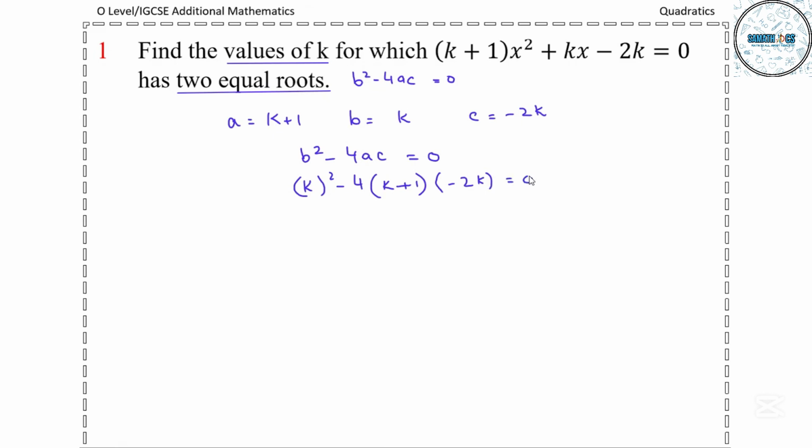is equal to 0. Now we have k square minus, we have to multiply minus 4 by k and then by minus 2k. So minus 4 multiplied by k is minus 4k. And when you will multiply minus 4k by minus 2k, you will get 8k square.